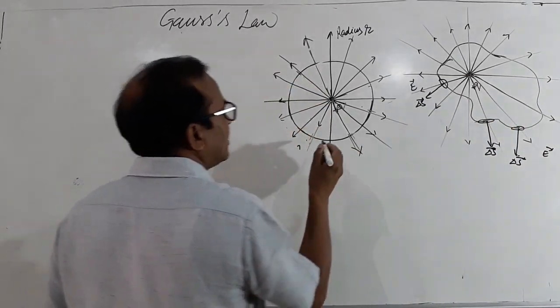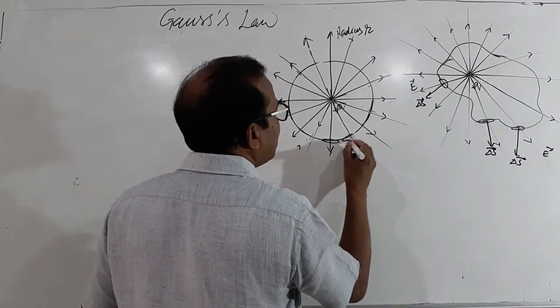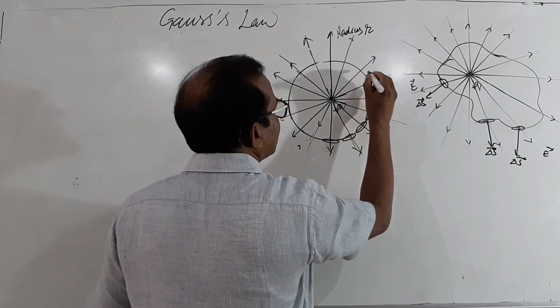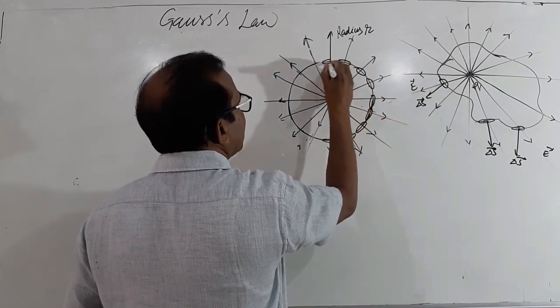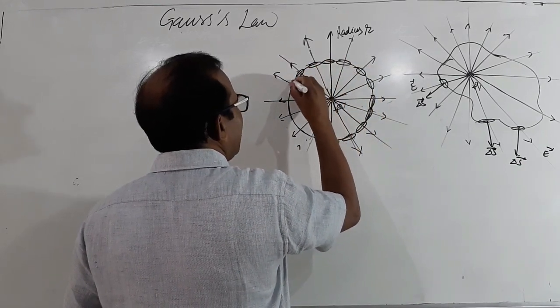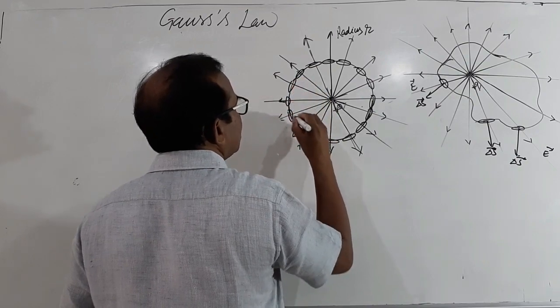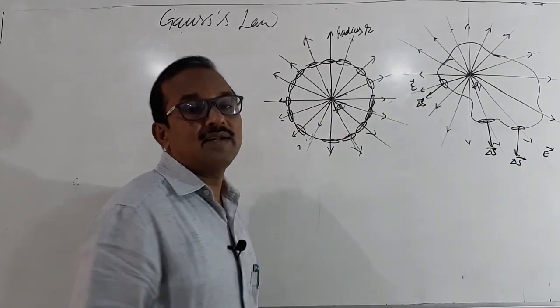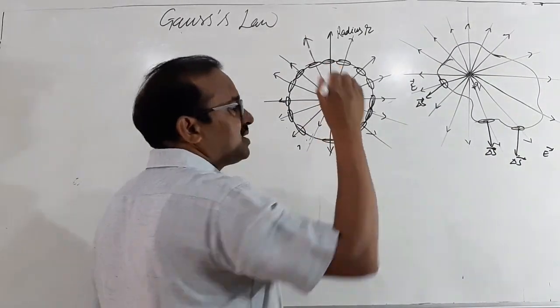Same thing here, if we divide this spherical surface into different small elements. In this specific case, the electric field is in the radial direction, since the charge is placed at the center.